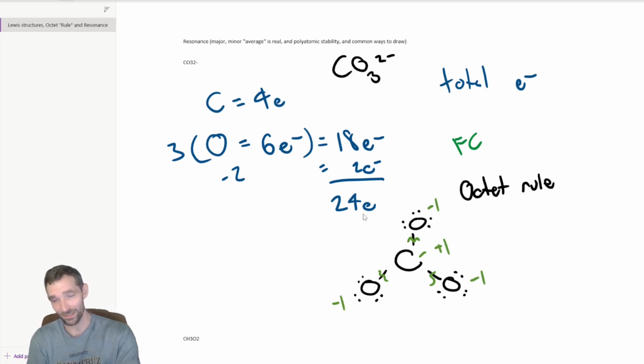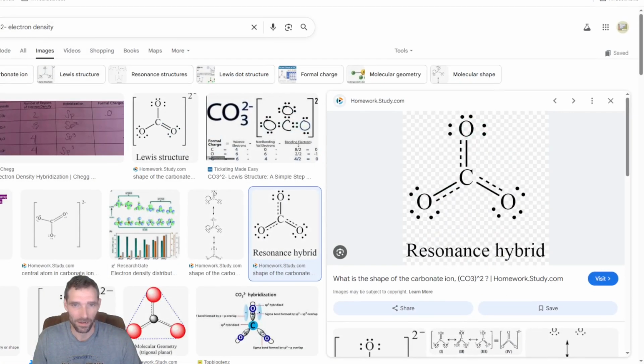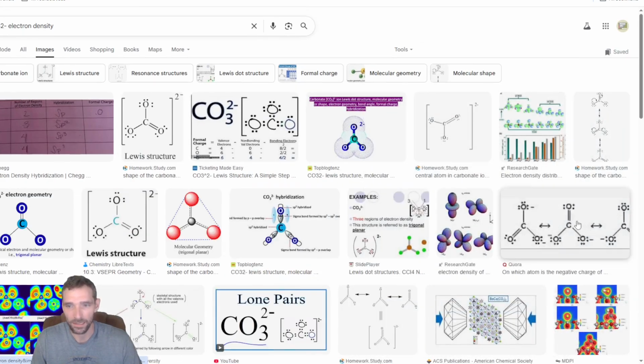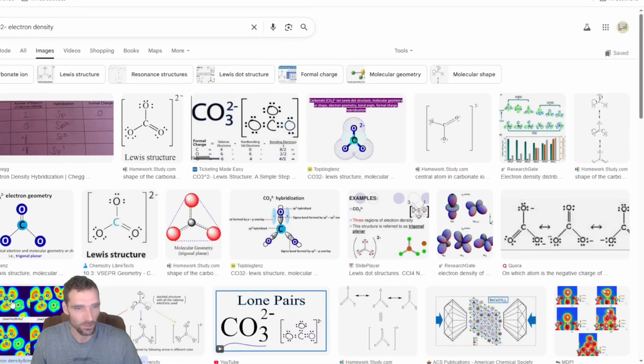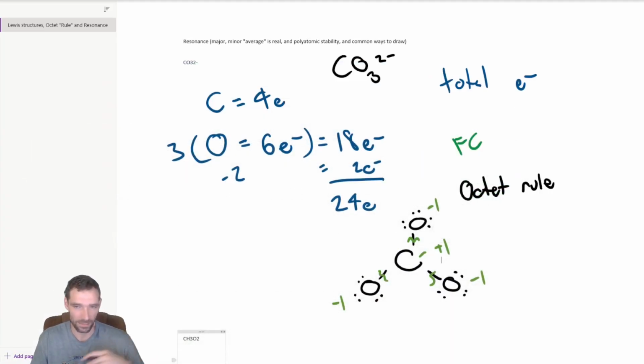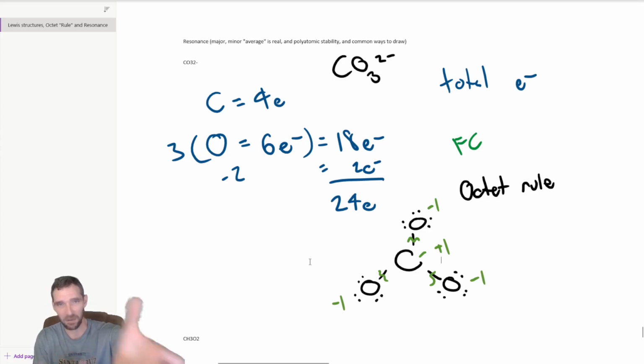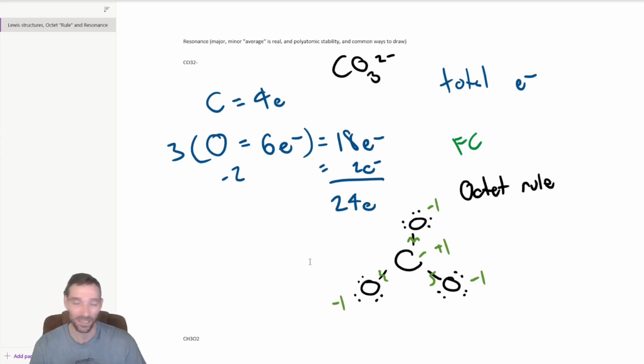If you do not consider this a minor contributor to the overall thing, then it doesn't make sense thinking of this carbon as a positive charge in that electron density map. It's only going to have that kind of blue center if you're considering this option. In the other drawings we were looking at a second ago, the carbon does not have a positive charge, it's neutrally charged. So you do have to contribute these minor forms, which are not as good, but they do help explain the overall thing when you put them all together in your mind.